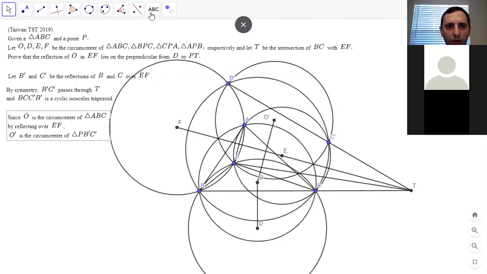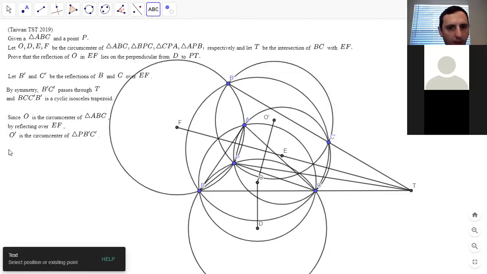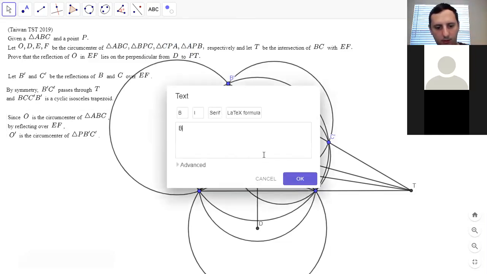So I'll just write this out quickly. PBC, P B prime C prime, and BC C prime B prime.